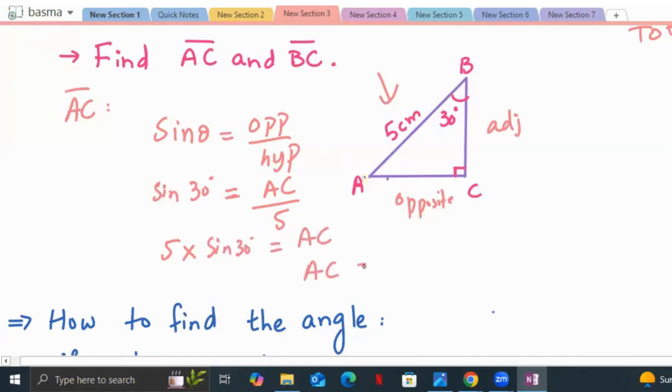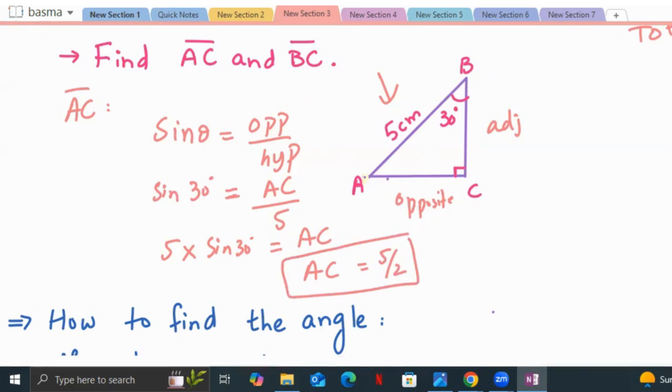You can just put it in the calculator. Sine 30 will give you 1 by 2. So 5 times 1 by 2 is going to be 5 over 2. So your AC length is 5 over 2, which you can write here and label it with AC. That's 5 over 2.